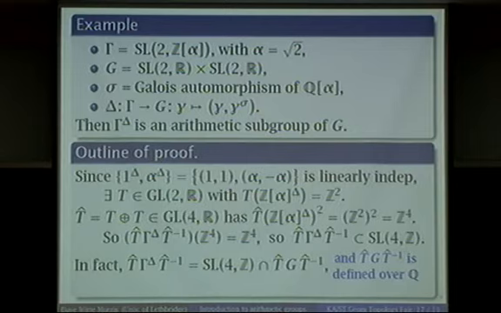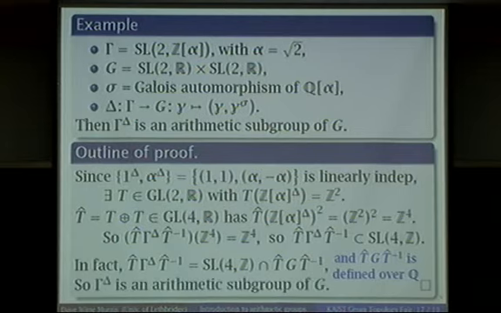So this thing is the integer points of something defined over Q. By definition, that tells us that it is an arithmetic subgroup. Conjugation is an obvious isomorphism, so just by isomorphism, gamma delta will be an arithmetic subgroup of G.